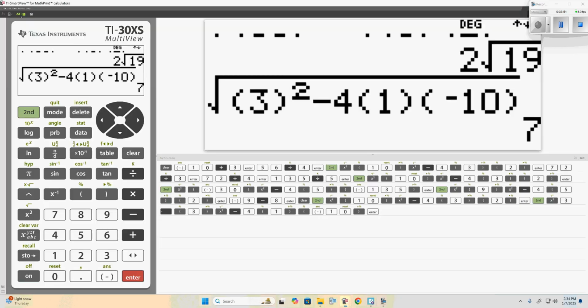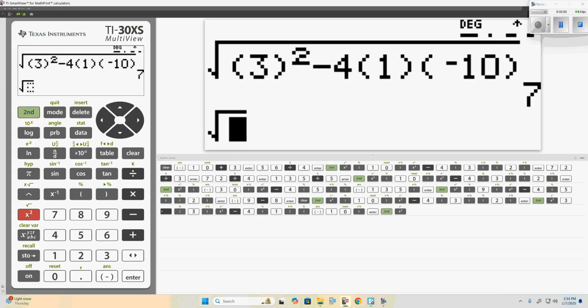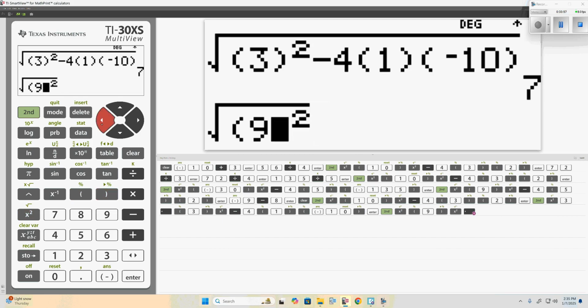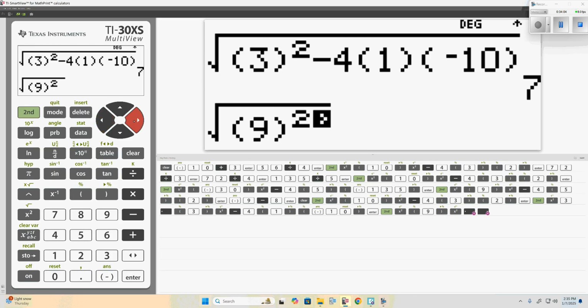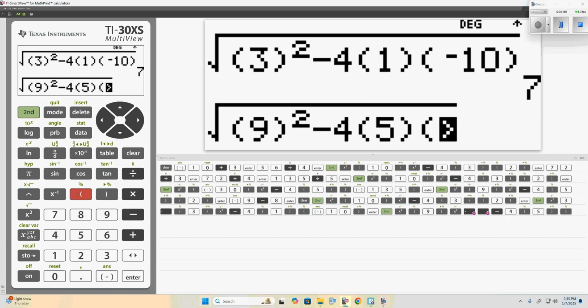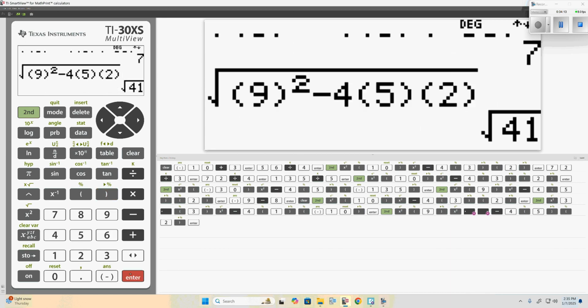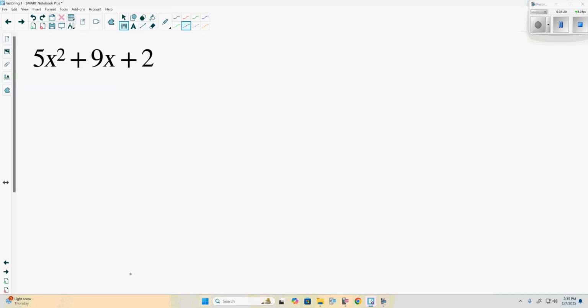If we wanted to check it, our b is 9, so 9 squared minus 4 times a times 2 is the square root of 41. So that tells us we can't factor it with our two sets of parentheses.